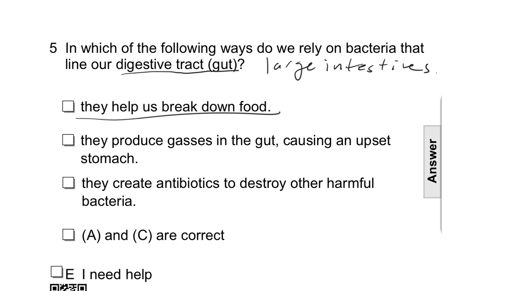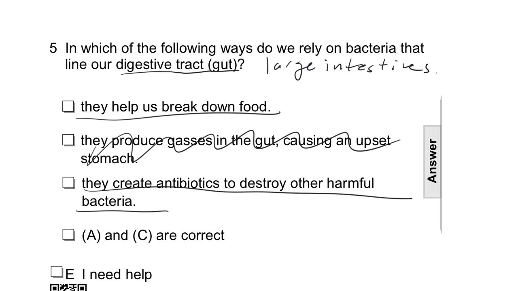Well, some do, but that's not why we rely on them. Some pathogenic bacteria in food that cause food poisoning can do that, I guess. They create antibodies to destroy other harmful bacteria. Well, that's definitely true. So A and C are correct.